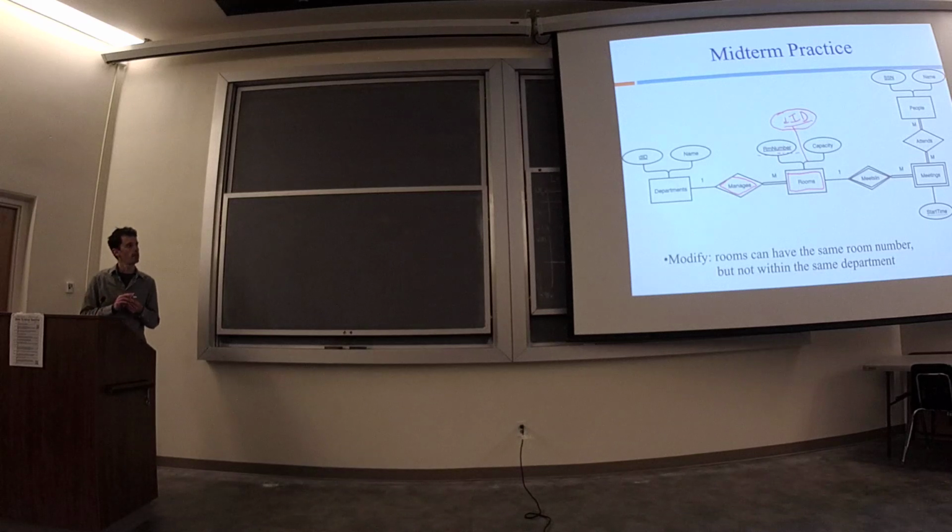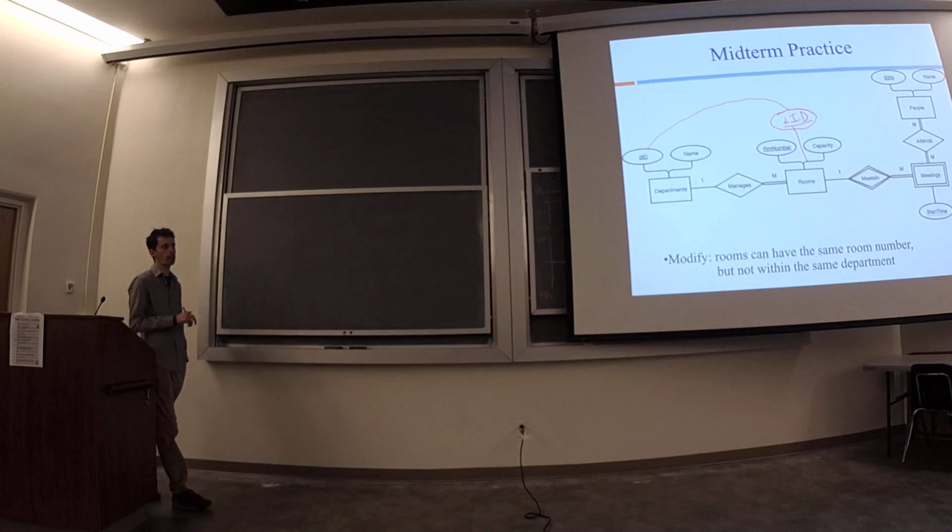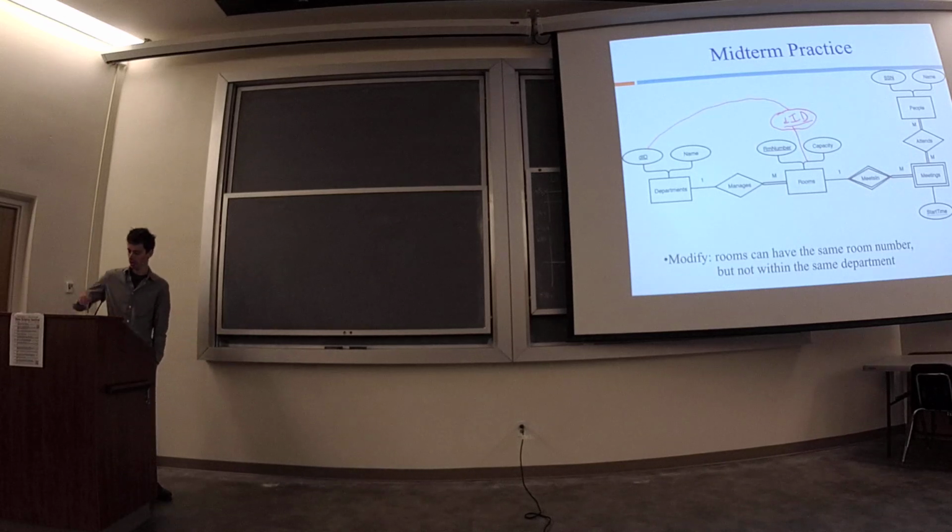This does not solve the problem because if I erased this solution, now there is nothing in this diagram tying this DID to this DID. Those are just two different, completely unrelated things. So that's not how you do it.